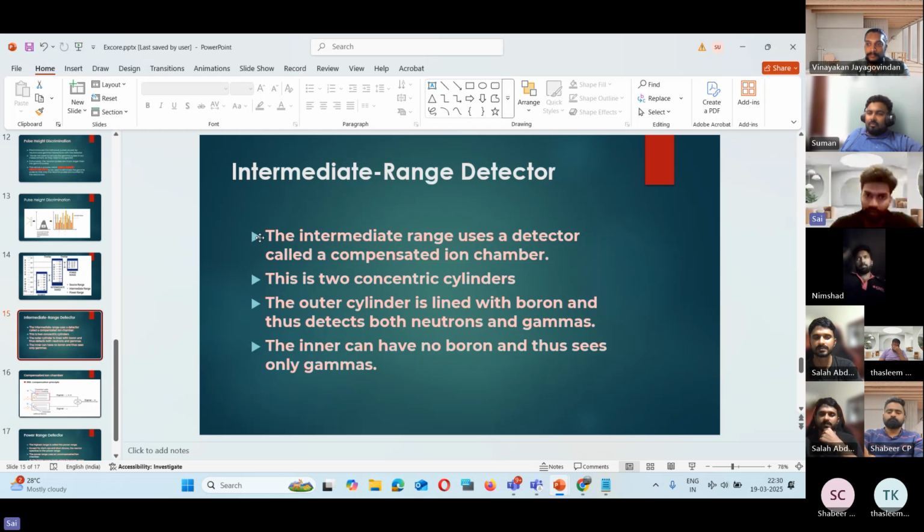These are just two concentric cylinders. The outer cylinder is lined with boron, and the inner cylinder does not have any boron, so it sees only the gamma. The cylinder with boron will detect both gamma and neutrons.